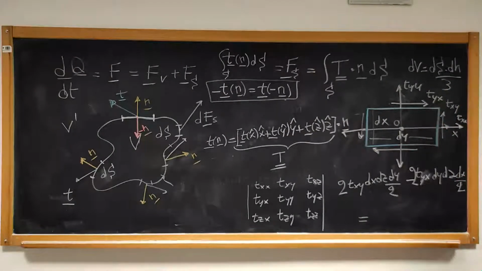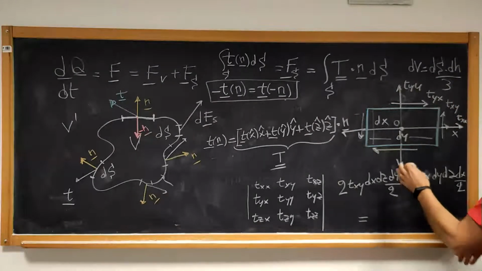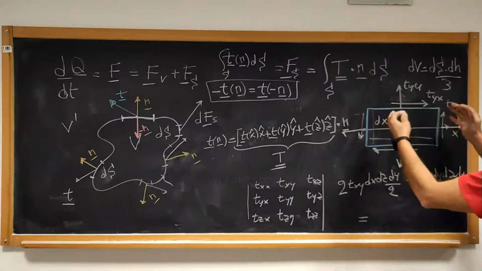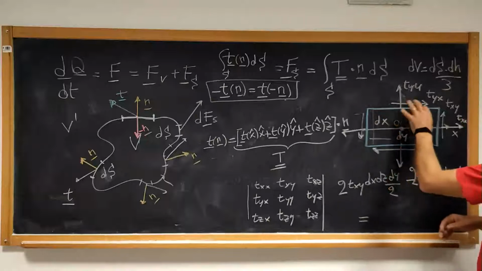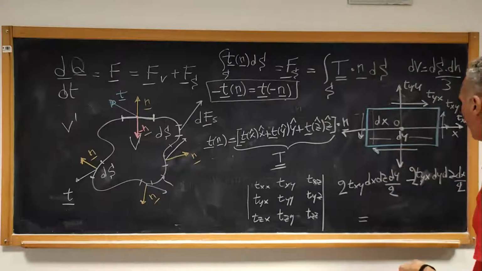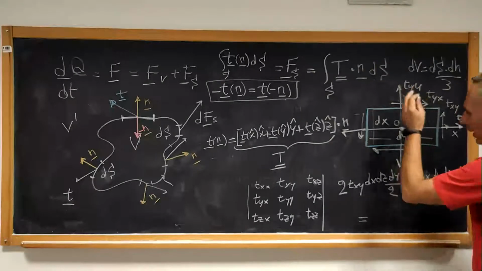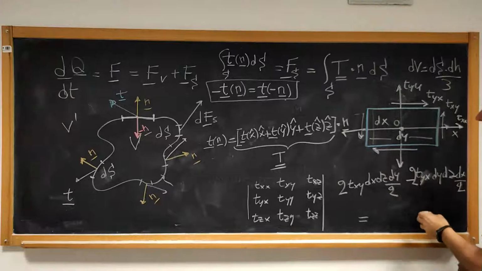To the moment of inertia of this object, and this would be something like the mass, so the density times the volume times the radius of gyration, which for a parallelepiped can be computed very easily.